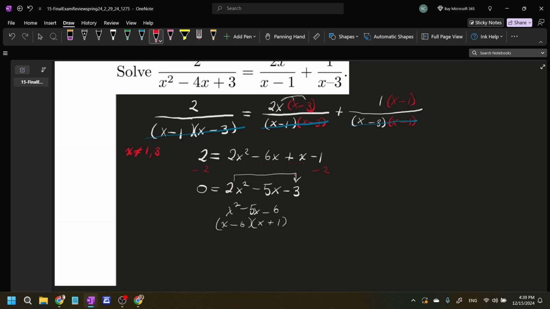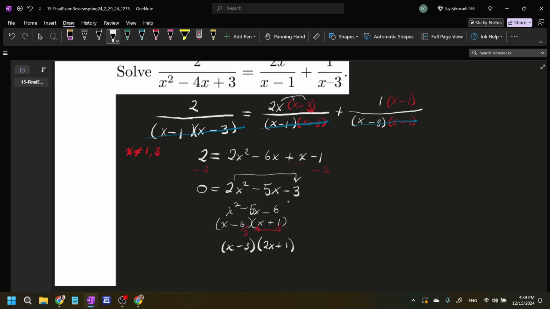We slid the 2 over, so now we need to divide by 2 here and here. x minus 6 over 2 simplifies down to x minus 3. And because 1/2 cannot be simplified down to a whole number, we're going to slide that 2 over here. And that should give us 2x plus 1.